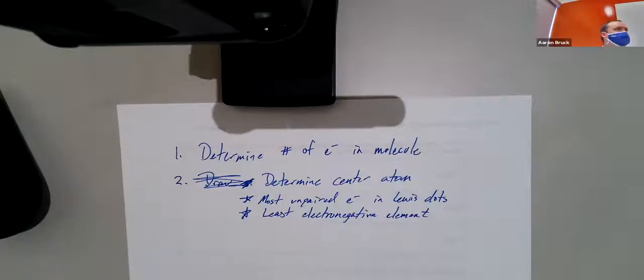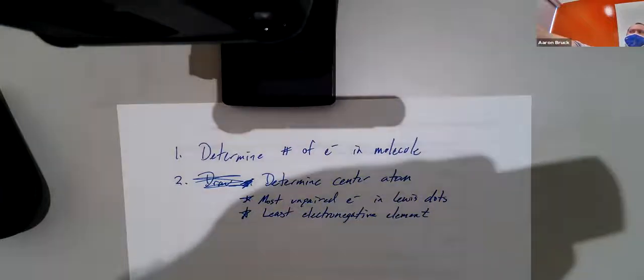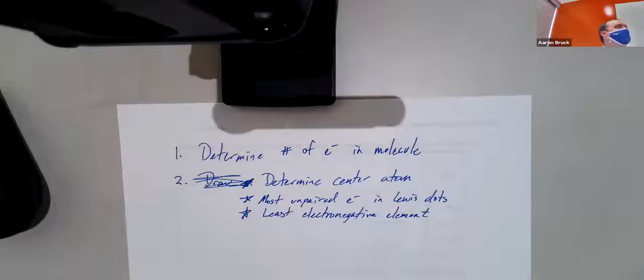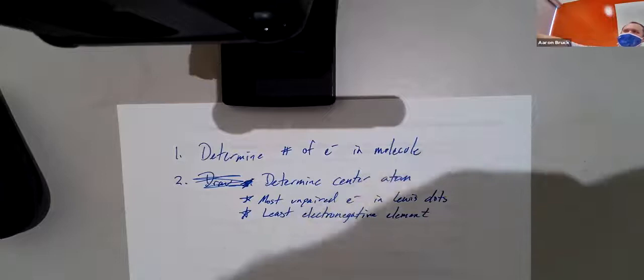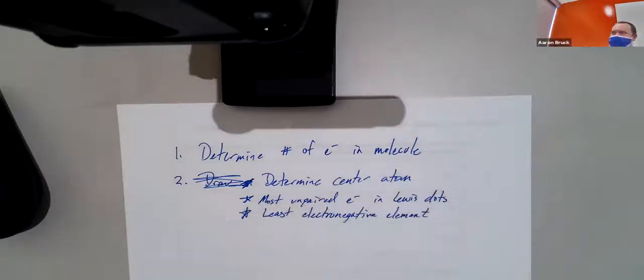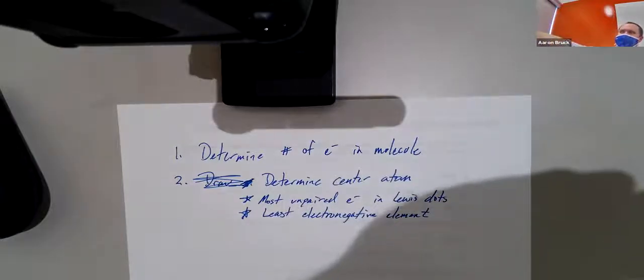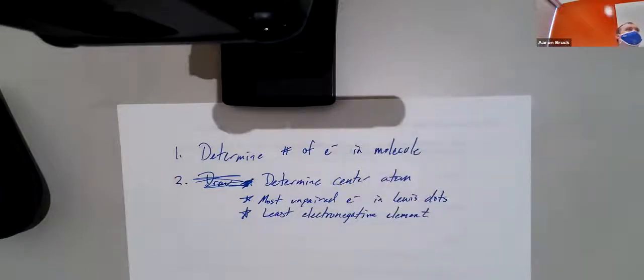Noble gases don't form chemical bonds. They're inert. So of those, fluorine, oxygen, and nitrogen are the most electronegative. And then it kind of goes just in order from distance from fluorine. So chlorine is less electronegative than fluorine, sulfur is less electronegative than chlorine, phosphorus is less electronegative than sulfur, and so on.